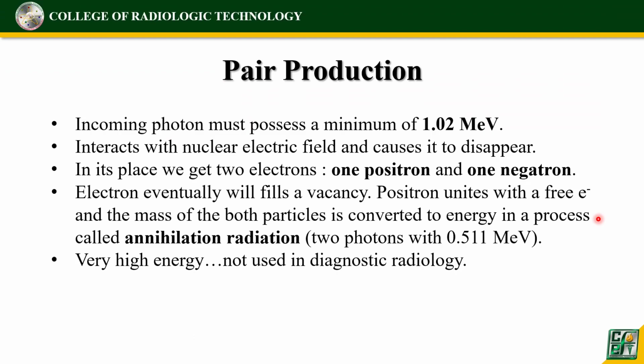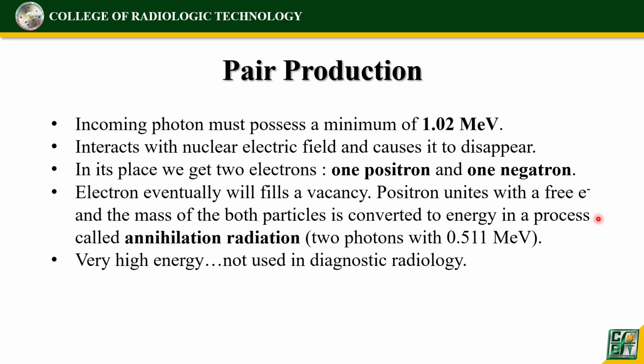Then we go to pair production. Kaya siya tinawag na pair production kasi nagkakaroon ng production ng dalawang particles. Okay. So merong nangyayari ang pair production kaya sa umpisa merong incident photon. Okay? At itong incident photon na ito ay ang kanya energy ay very high.